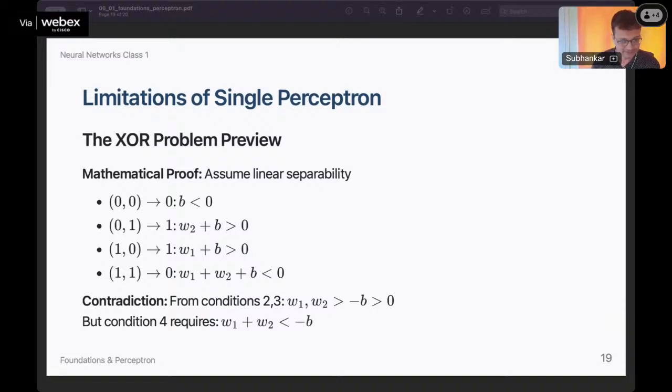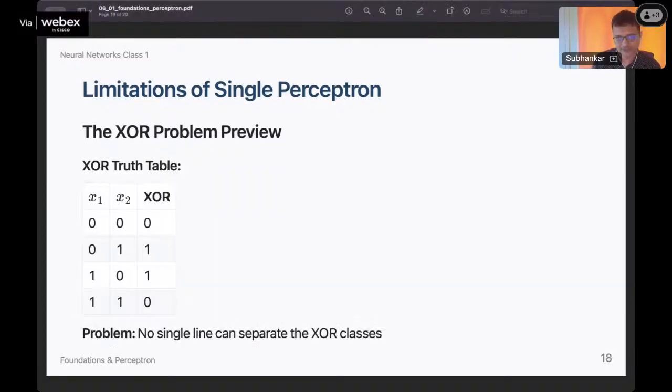But let's first prove why a linear separator cannot do this. You can assume that there is a line that linearly separates them, and so that would mean that there exists a set of W1 and W2 and the bias B that works. So you have a perceptron with W1, W2 coming in. Now all four conditions we have to write, and they are all derived from the XOR itself.